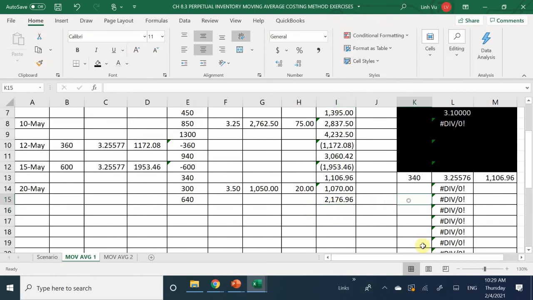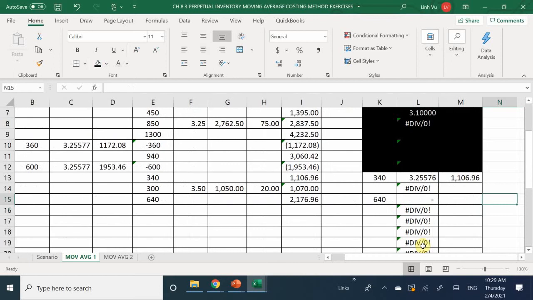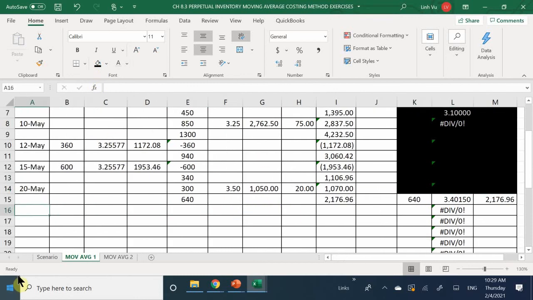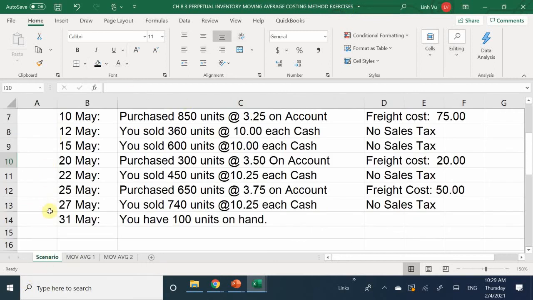So now I have 2176. Again, I bring it over into my inventory worksheet. And now my new average cost is going to increase all the way up to 340. Okay? And I'm going to go ahead and eliminate that. So let's go ahead and move right along.